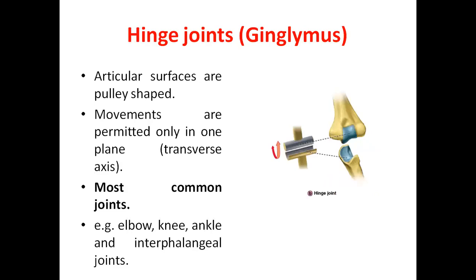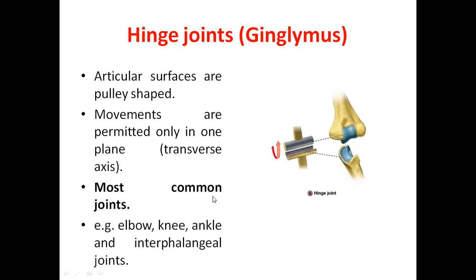Another type of synovial joint is the hinge joint. They are also called ginglymus joints. Here, the articular surfaces are pulley shaped. The movements are permitted only in one plane, that is the transverse plane.